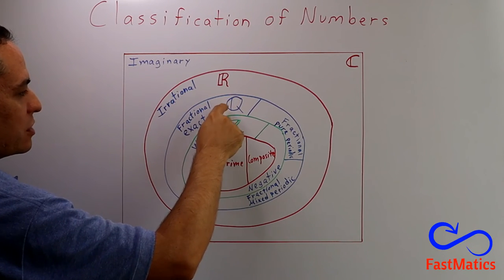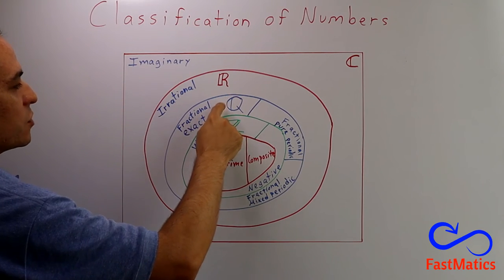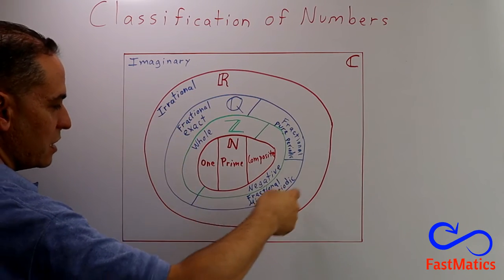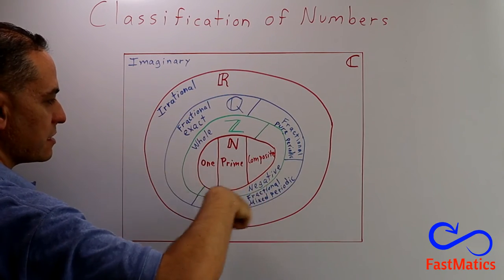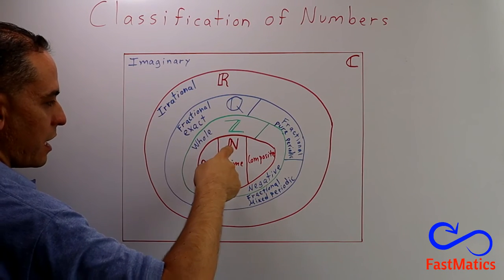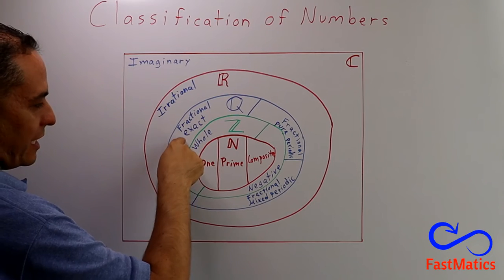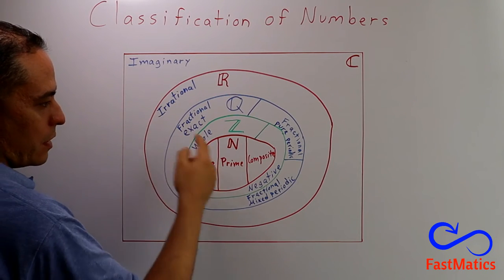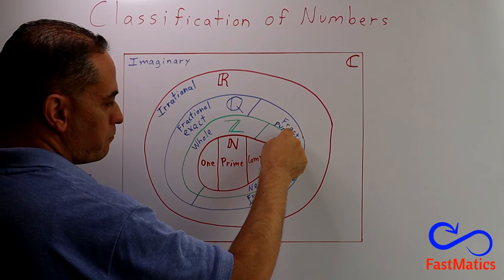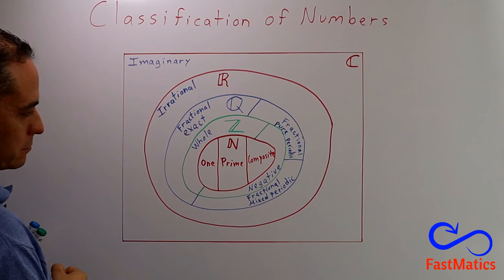You write a Q because in Italian you say quotiente. Into the rational set you have fractional numbers and integer numbers. And fractional numbers are exact or fractional pure periodic or fractional mixed periodic.